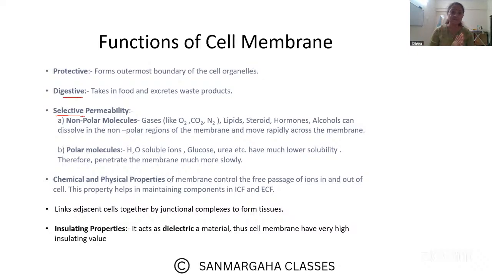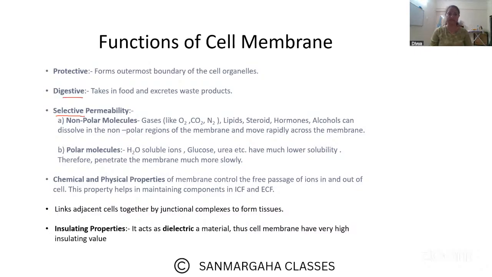Some non-polar molecules like oxygen, carbon dioxide, lipids, hormones, and steroids move rapidly across the membrane. Some polar molecules like water soluble ions, urea, and glucose also penetrate, but it takes some time, so the movement is much slower.